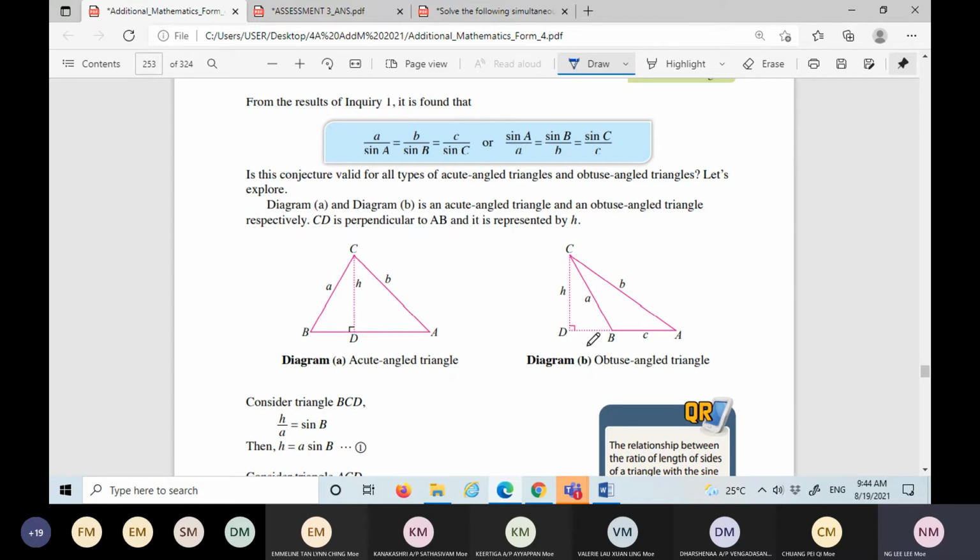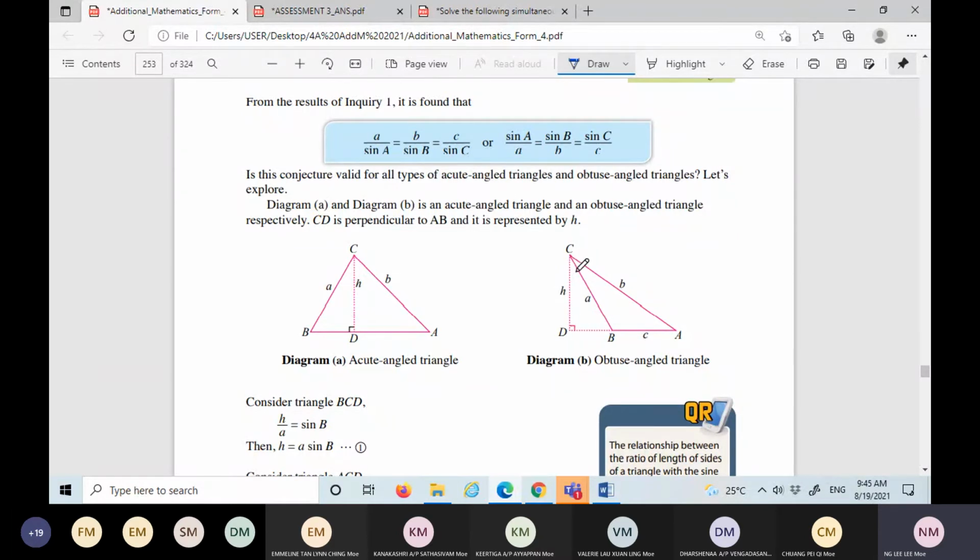Okay, diagrams A and B are an acute and an obtuse angle triangle respectively. Okay, CD is perpendicular to AB and it is represented by the H, the height of the triangle actually. Okay, so here, because this is obtuse, the height again you have to draw outside the triangle.